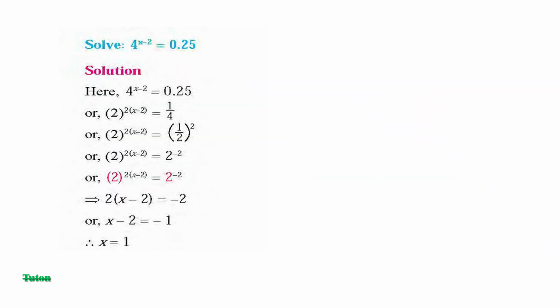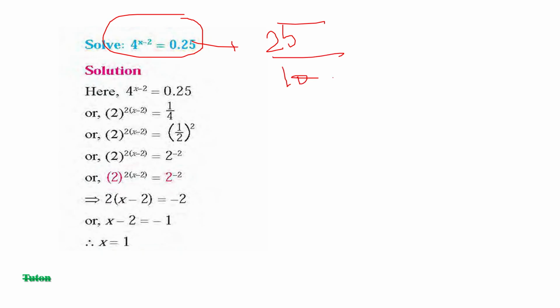Now moving on to the next question. Here we have 4 to the power x minus 2 is equal to 0.25. Here 0.25 can be written as 25 by 100. 25 times 1 is 25 and 25 times 4 is 100, so 0.25 can be simply written as 1 by 4.